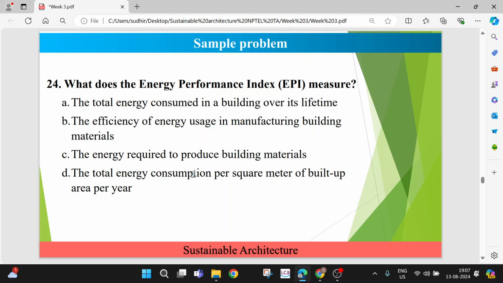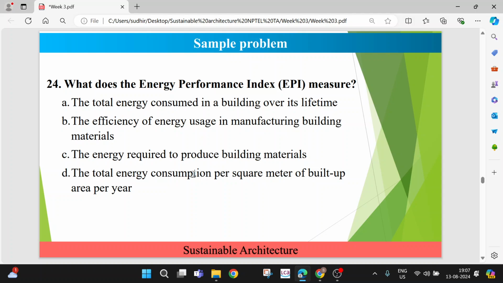Okay, so D is the right answer for this one. This EPI is calculated for the building's energy performance, in the unit mentioned in option D: total energy consumption per square meter of the built up area per year.